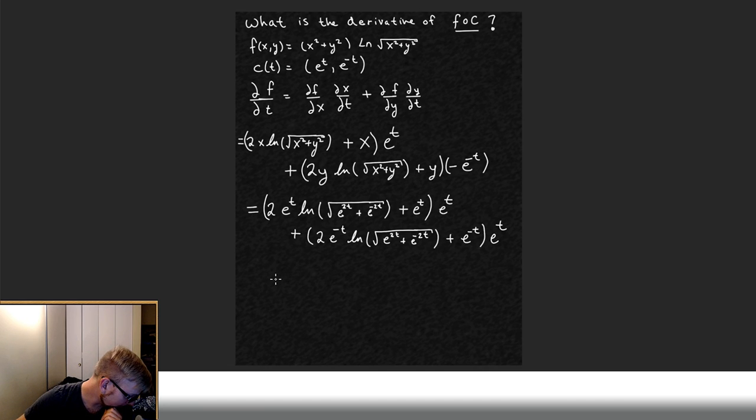What line can I skip? I'm gonna skip this line and then go straight to e to the 2t times the 2 ln of square root e to the 2t plus e to the minus 2t, 1.